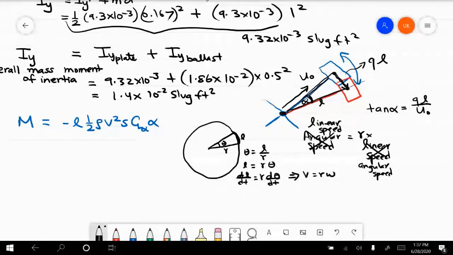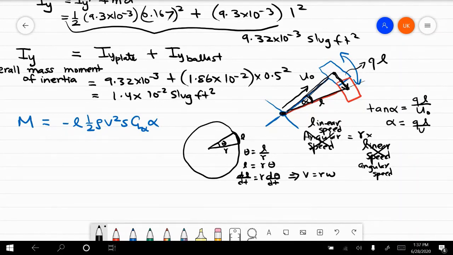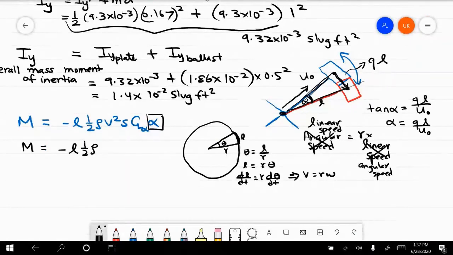When alpha is very small, tan alpha is approximately equal to alpha, so I can write alpha equals qL divided by U naught, which means now I can make a substitution for this alpha. So I can write M equals minus L times half rho V square S CL alpha qL over U naught.